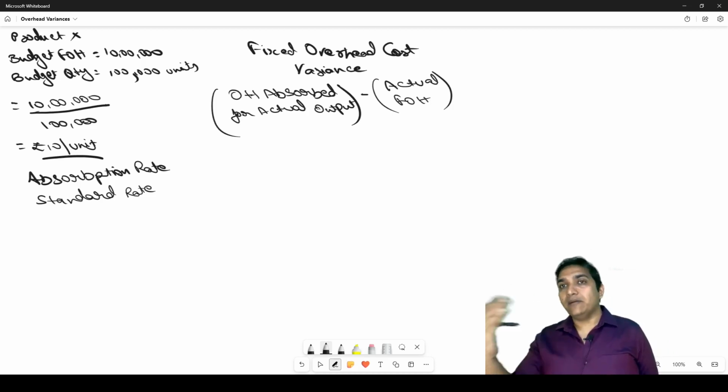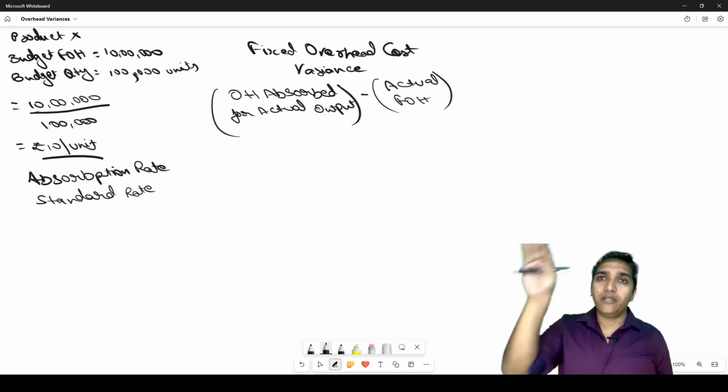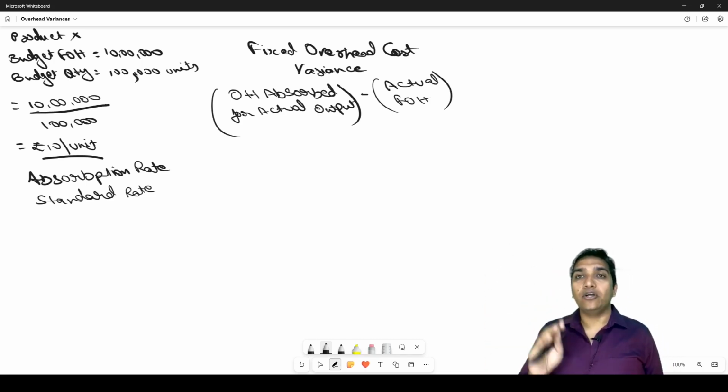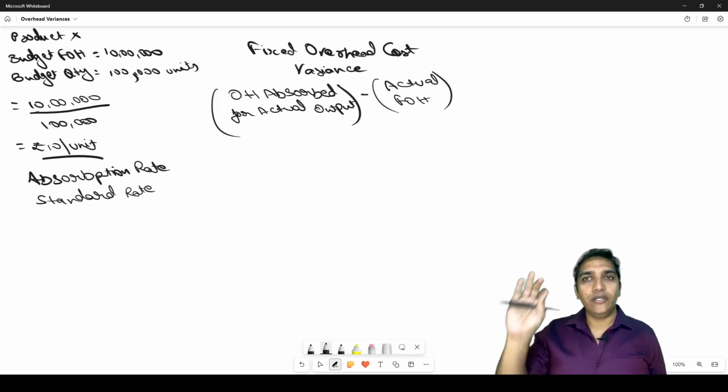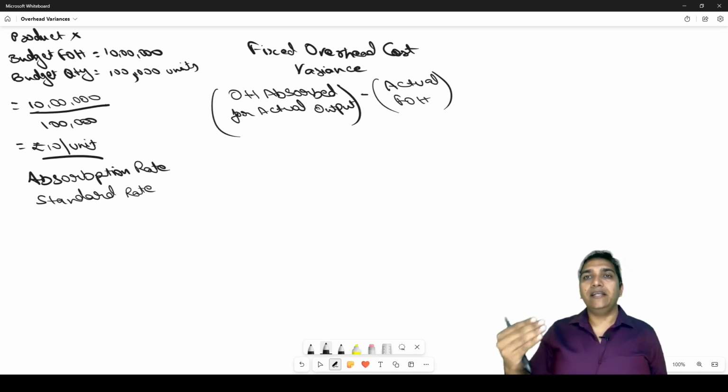So we do not have an absorption rate. But in fixed overheads, my total fixed overhead cost is fixed. In our example, it is 10 lakhs. It is going to be fixed, and the number of units is not constant. My actual number of units can change. So we calculate an absorption rate.